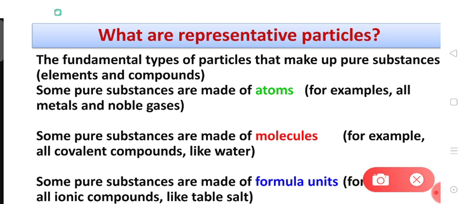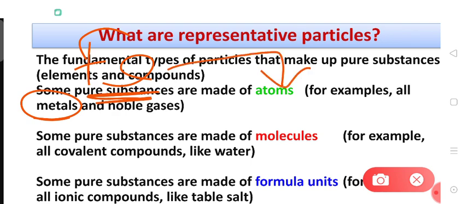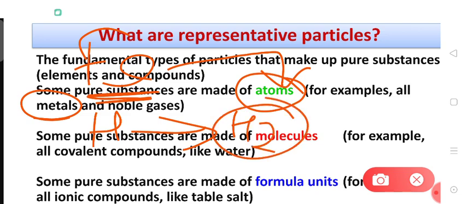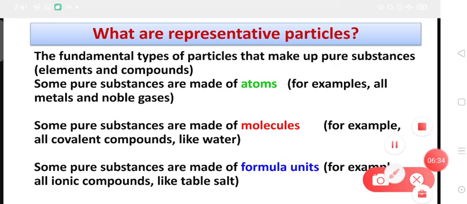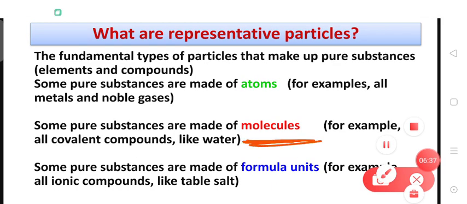For example, if we talk about a metal like iron, it is clearly understood that iron exists in the form of atoms, because wherever there is iron, there are iron atoms. But if we talk about hydrogen gas, this is actually hydrogen molecules. So hydrogen gas is made up of molecules, or we can say that hydrogen gas exists in the form of hydrogen molecules, right?